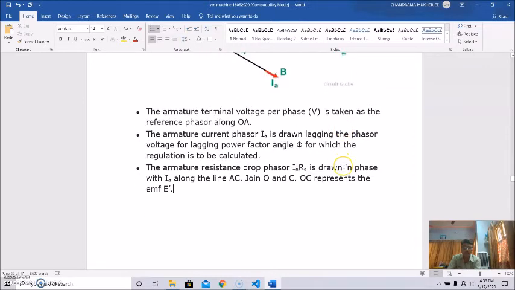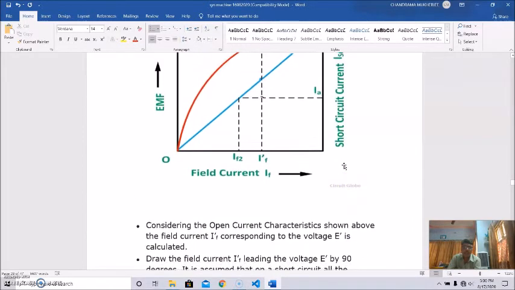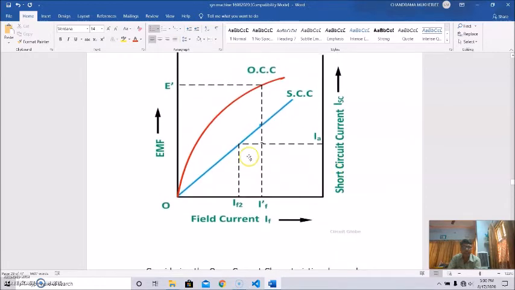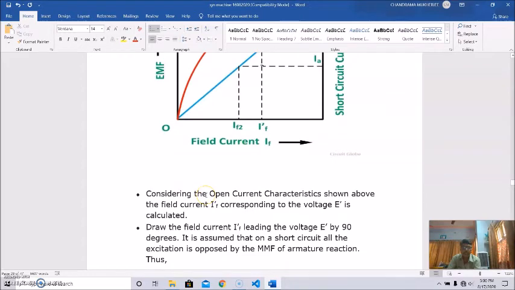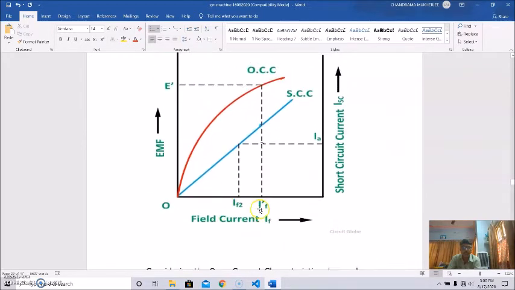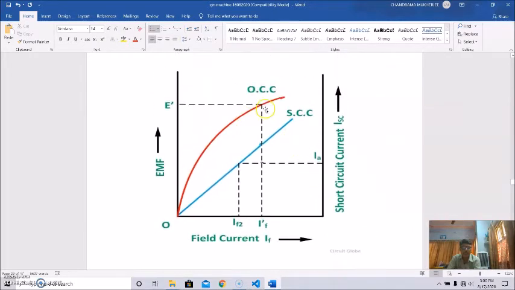Now, considering the open circuit characteristics, this is shown here. This is the open circuit characteristics, and at field current IF dash the corresponding voltage is E dash.